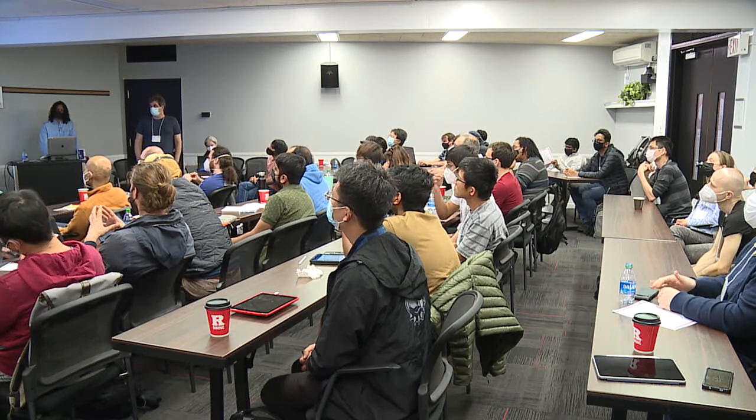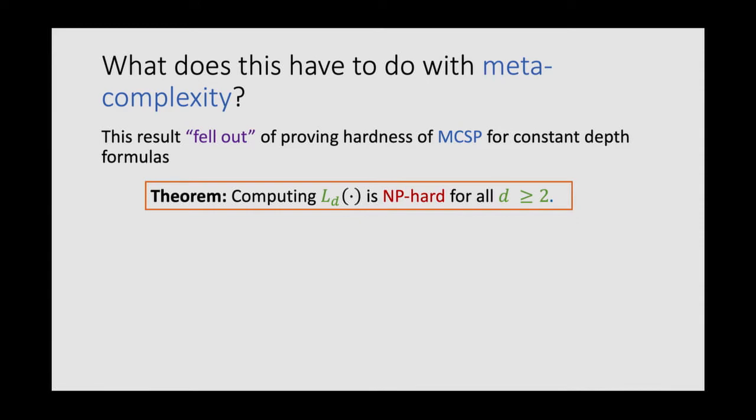And actually, I wasn't trying to prove this depth gap separation. I was trying to prove that this quantity is NP-hard, trying to understand the MCSP problem for that. After I proved it, I looked at it and thought, wait a minute, doesn't this imply something? And so it just fell out of it. I wasn't even trying to do it. Did that answer your question?